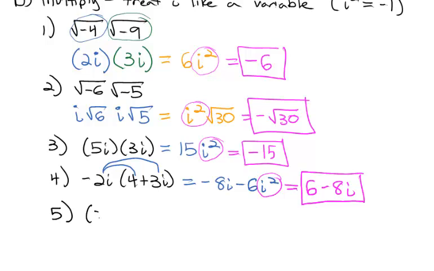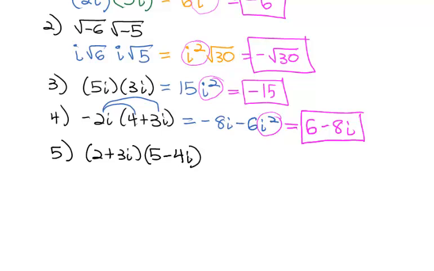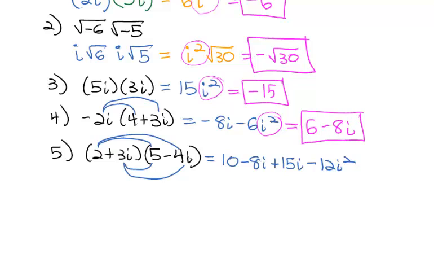How about this one? 2 plus 3i times 5 minus 4i. You'll recognize that when we're multiplying two binomials, this time with nothing between the parentheses, we FOIL. So 2 times 5 is 10. 2 times negative 4i is negative 8i. 3i times 5 is positive 15i. 3i times negative 4i is negative 12i squared.